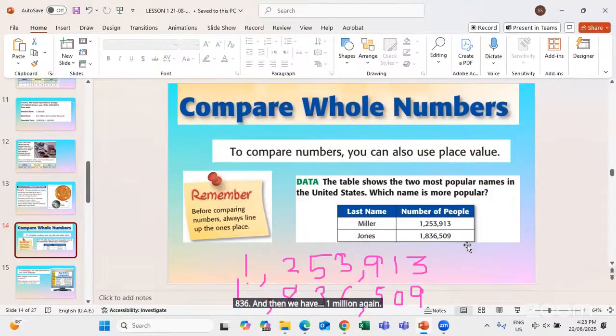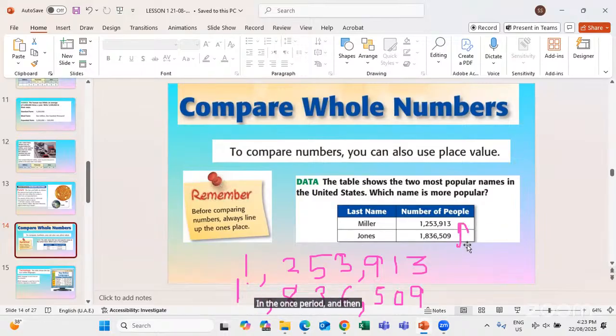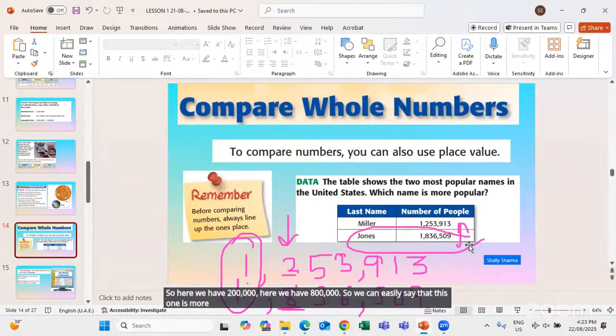When you have to compare, first you have to write the numbers starting from the ones value in the ones period and then compare the largest place value digits. If they are the same, go for the comparison to the next digit. So here we have 200,000, here we have 800,000.